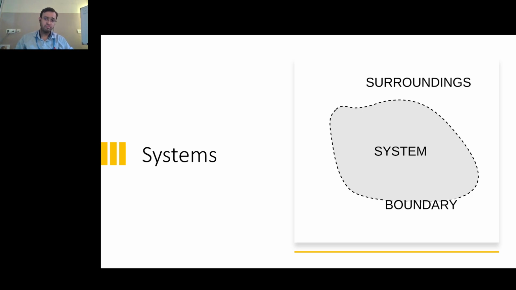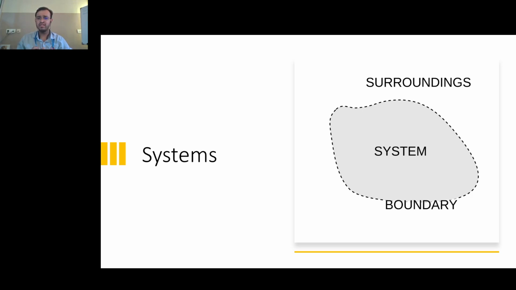The interface between the system and the surroundings is the boundary. Okay, so the boundary is sort of an imaginary wall which you draw around the system in question, and this encapsulates your entire system, and it is what separates the system from the surroundings.